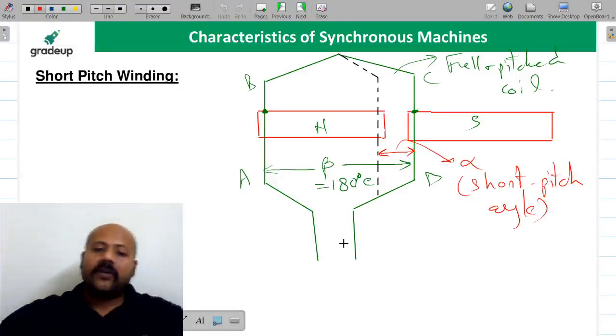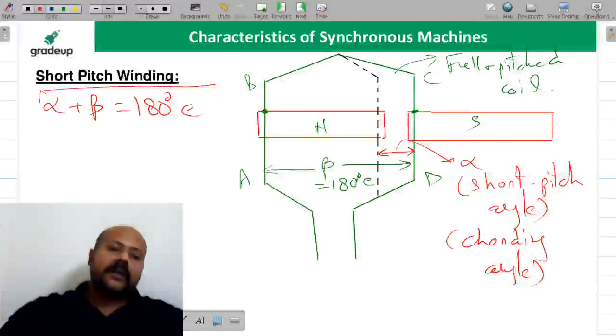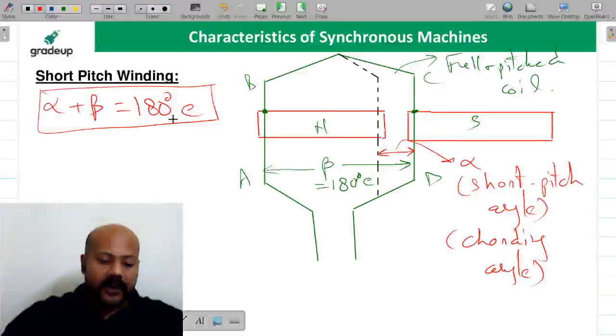I hope it is clear to all of you. This alpha is also called the chording angle. So alpha plus beta is always 180-degree electrical. This is very, very important. I hope it is clear to all of you.